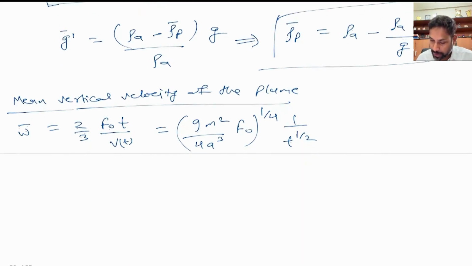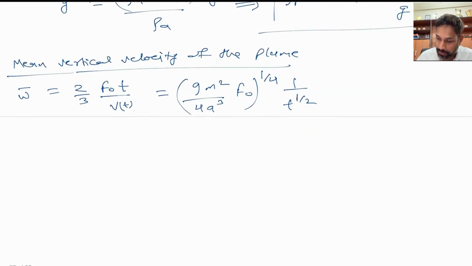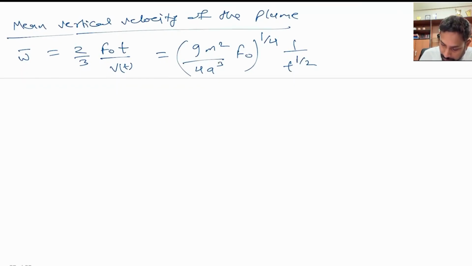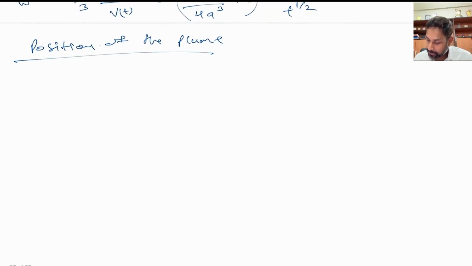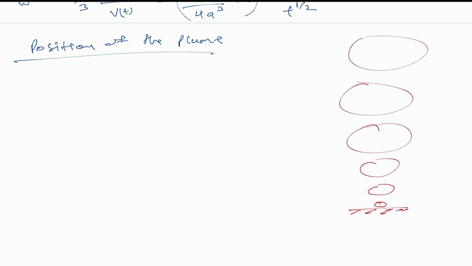And now let's try to find the position of the plume. As we have seen, let's say this is a point where the plume starts, and it becomes bigger and bigger and moves vertically up, right?